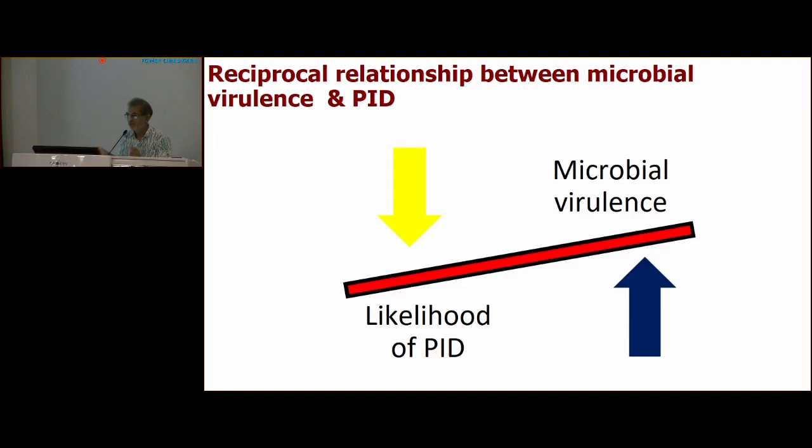So the likelihood of inborn error of immunity is very high when the infection is because of a vaccine strain or a microbe of low virulence, which will normally not cause severe infection in an immunocompetent host. So this is very important, and vaccine-associated symptoms should be taken very seriously.